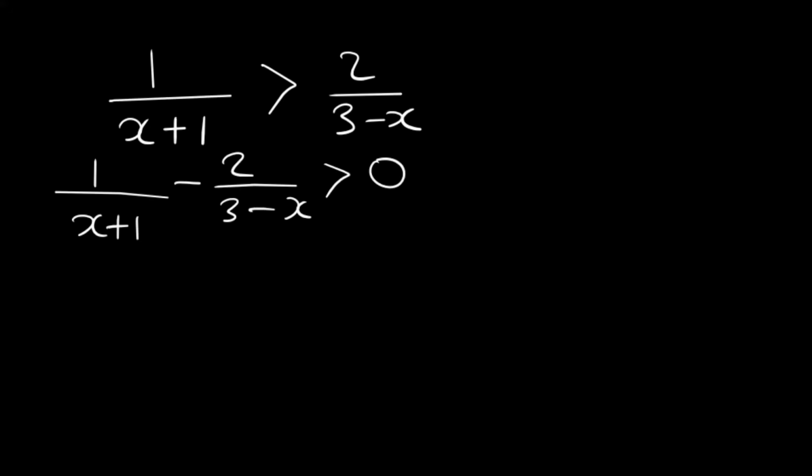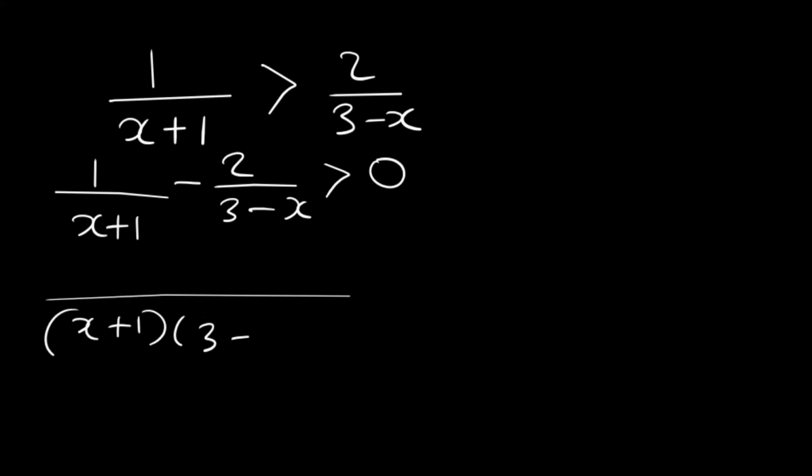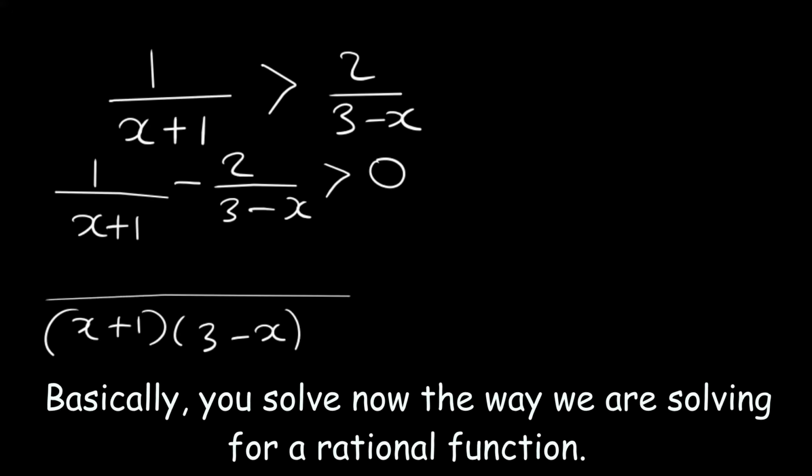Now that you've got that, you are going to merge your fractions. In this case, I'm going to get the common denominator, which is x plus 1 times 3 minus x.